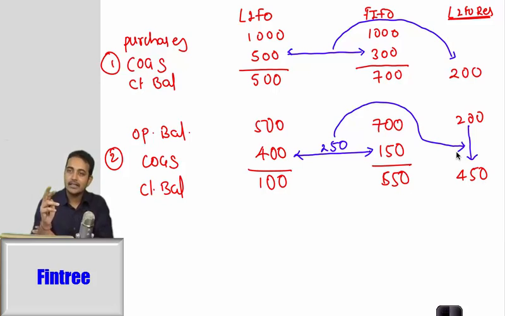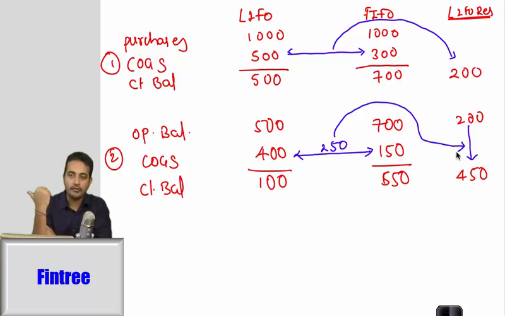So can I say that closing LIFO reserve is equal to opening LIFO reserve plus bracket open LIFO COGS minus FIFO COGS bracket close? Should I repeat again? Listen carefully. Closing LIFO reserve is equal to opening LIFO reserve.